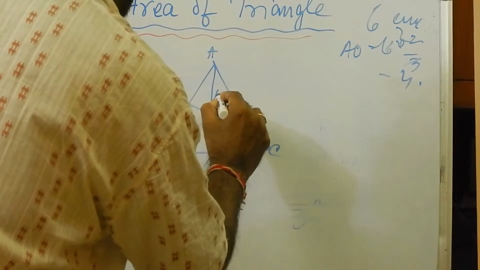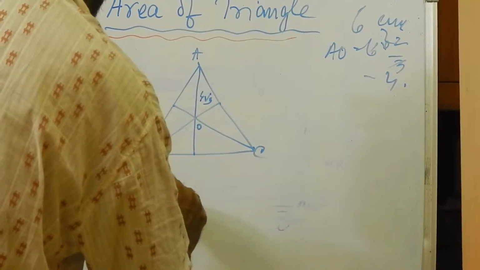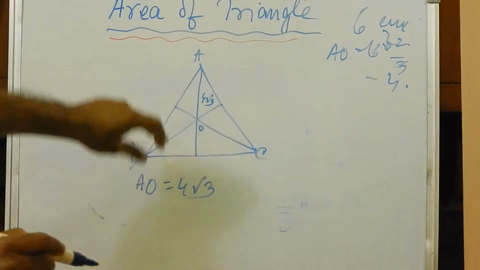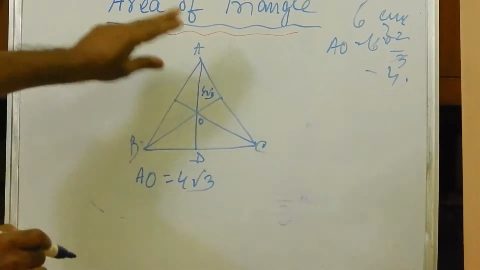This length AO equal to 4√3 centimeter. We take it for the median AD.